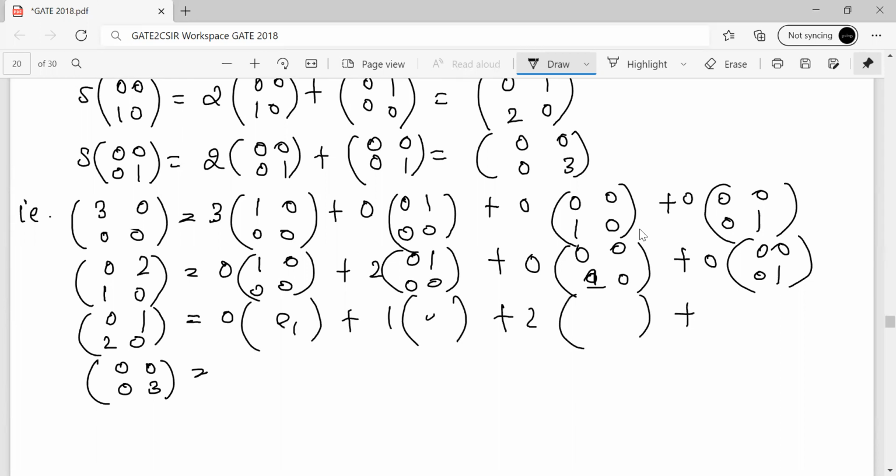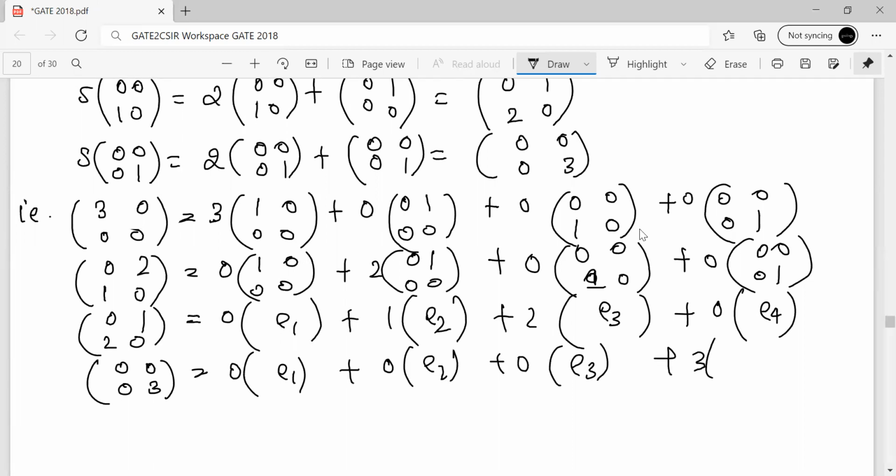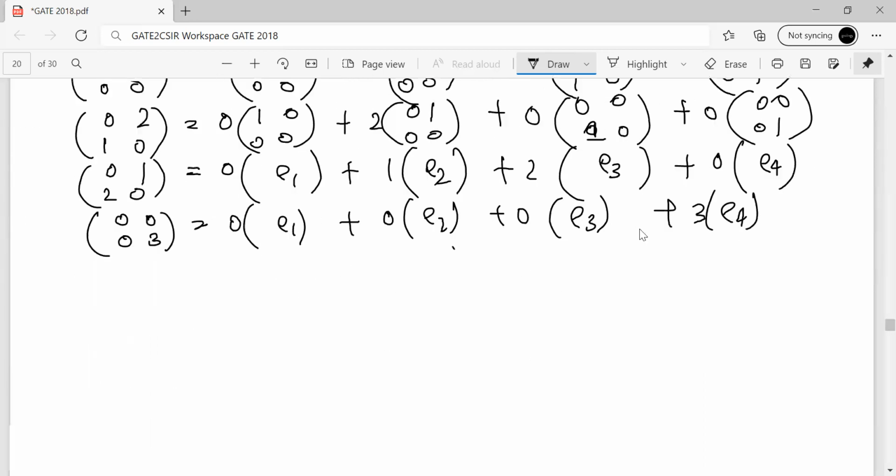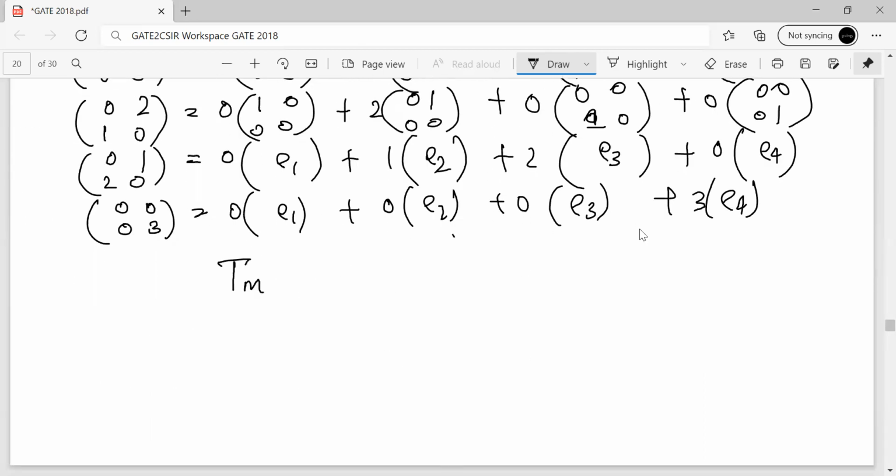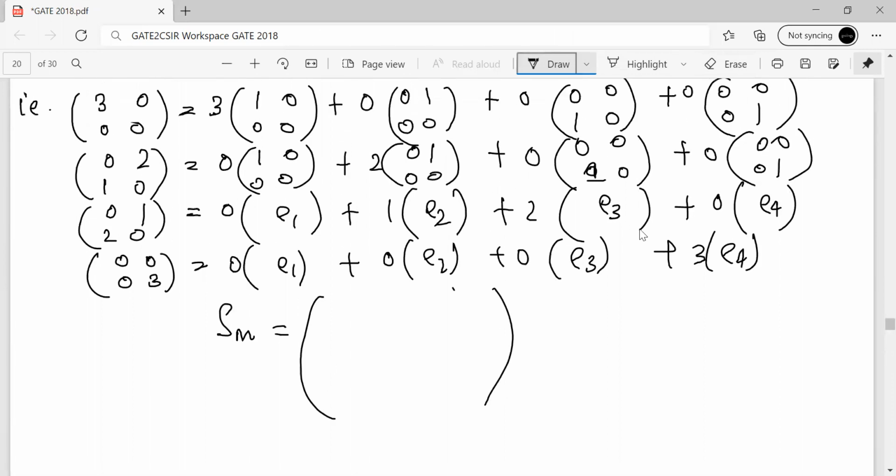Later I'll write down E1, E2, plus E4, and the same thing here. So if you construct a matrix, you get M with respect to this matrix is, just write down the column.